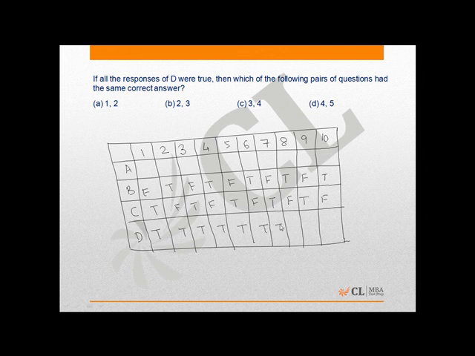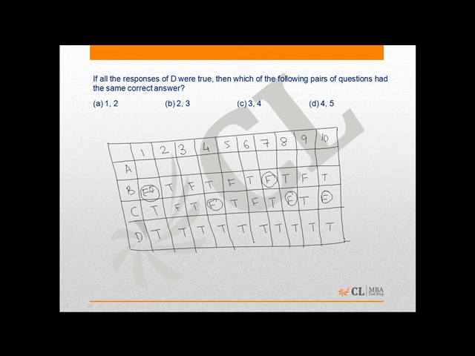Now if we understand this, B has not marked question number 1 and question number 7, and C would not have marked question number 4, question number 8, and question number 10.